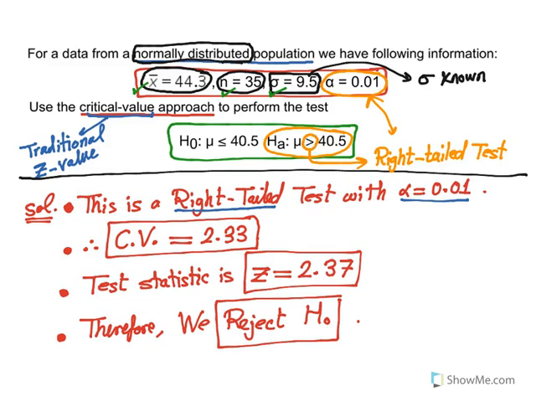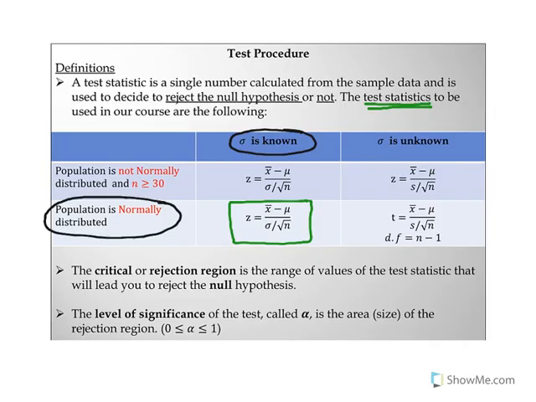Another thing that is important is to remember this table. So always look at the given in the question. In our question, sigma was known, and it was a normal distribution. But it could be another case. So always pay attention to these two things at the same time: the type of test and how to find the test statistic.